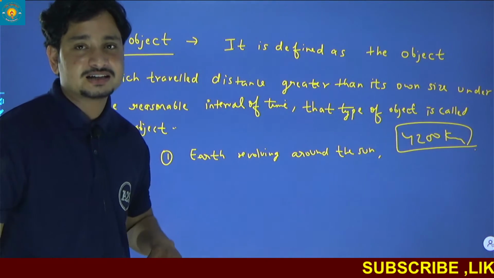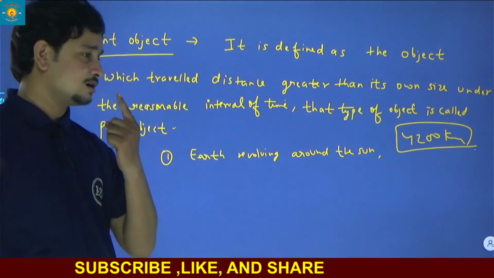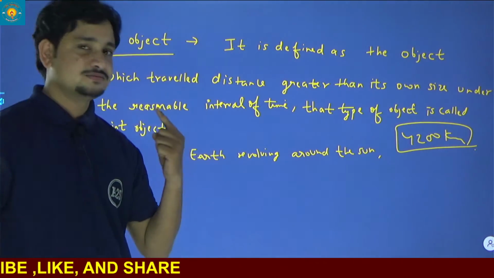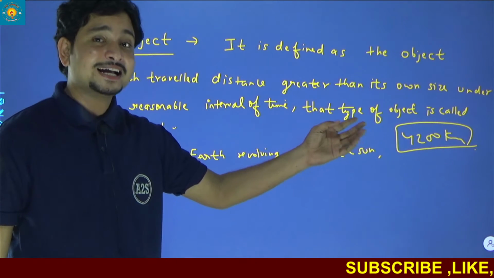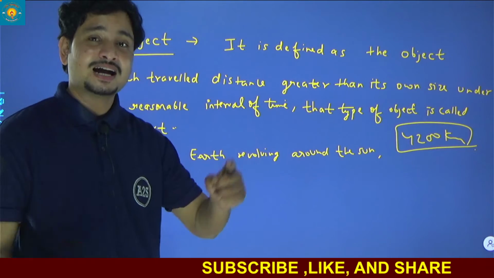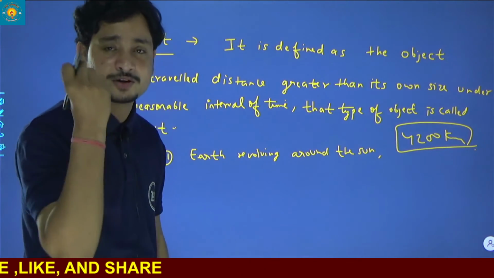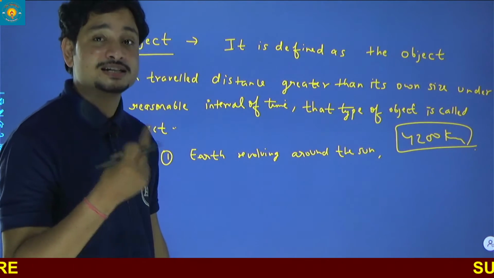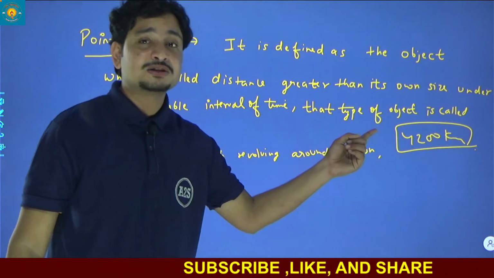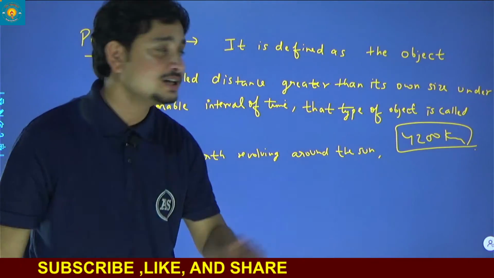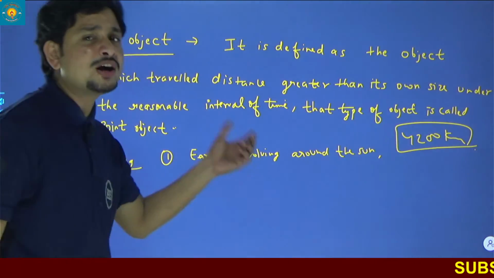If we talk about the distance traveled by the earth around the sun, meaning revolution, you know that it is greater than this distance. Clear? It means the earth, in a reasonable interval of time, 365 days and 1/4, travels a distance which is greater than its own size. So the earth should be called a point object.